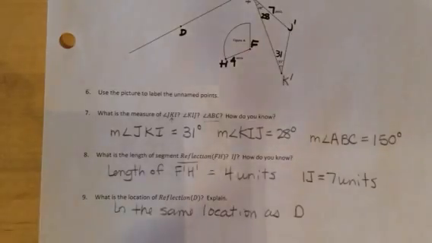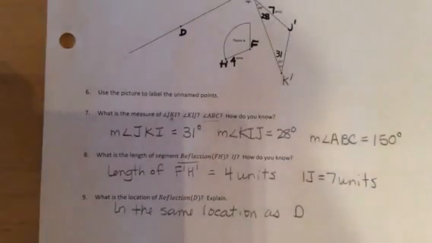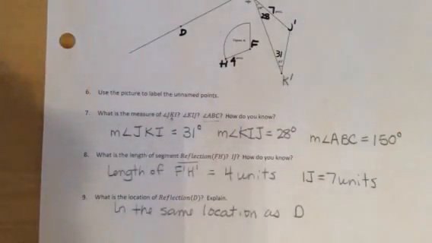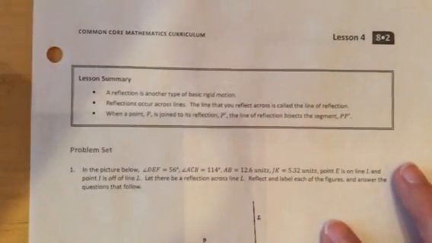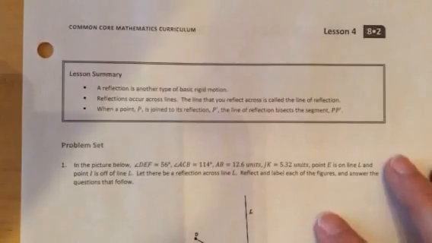Okay, so you have an exit ticket and a problem set to do, and I just want to review some of the things we talked about in this lesson. So here's your problem set for lesson 4.